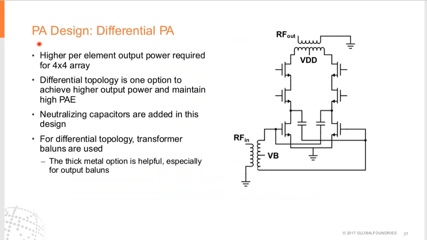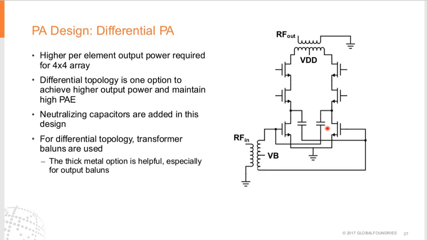So if we want to reduce the phased array element and we need more power, one potential solution is a differential PA. The differential PA can achieve higher output power and maintain a higher PAE. For the differential PA, we use the neutralizer capacitor to let the two differential sides be balanced. The main issue in differential PA design is the unbalance.